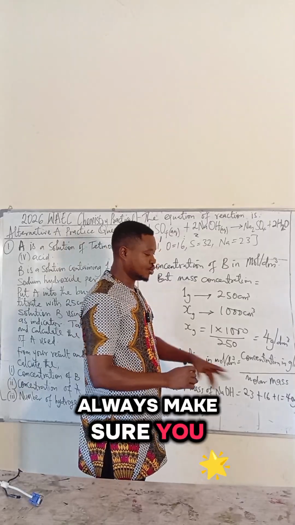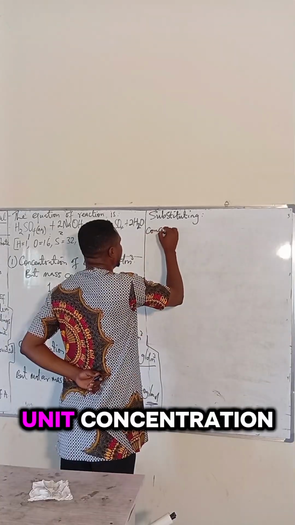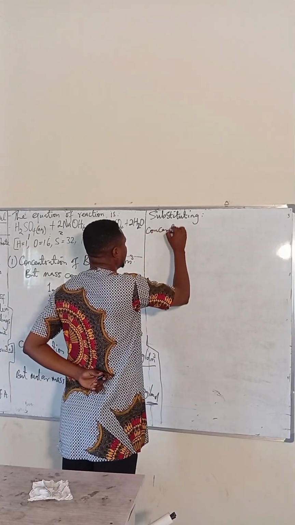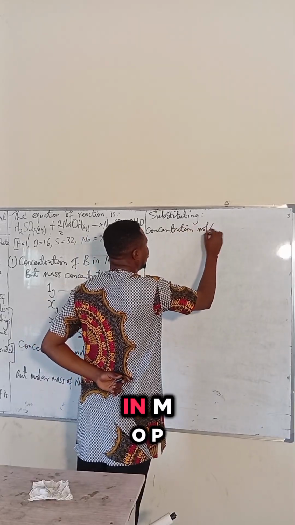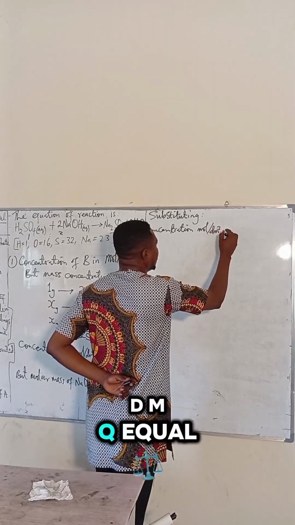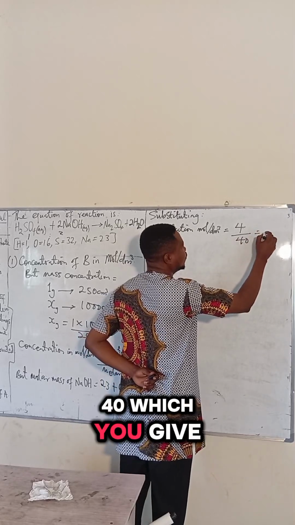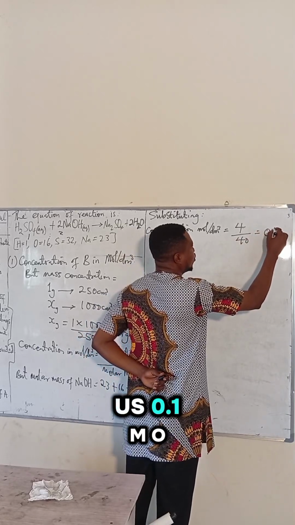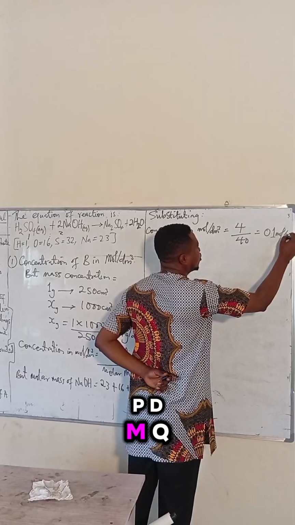Always make sure you put your unit, correct unit. Concentration in mole per dm cube equal to 4 all over 40, which will give us 0.1 mole per dm cube.